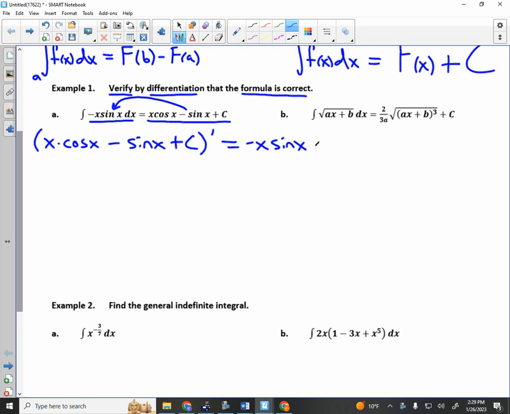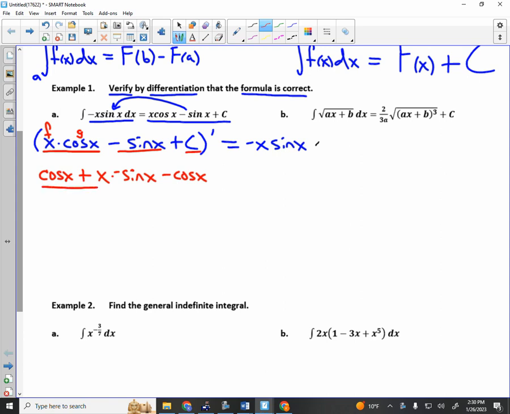Well, as I take that derivative, I can see that I am required to use the product rule there. For this is f and this is g. The derivative of x is 1 times cosine of x plus x times the derivative of cosine of x, which is negative sine of x. The derivative of negative sine of x is negative cosine of x, and the derivative of c is 0.